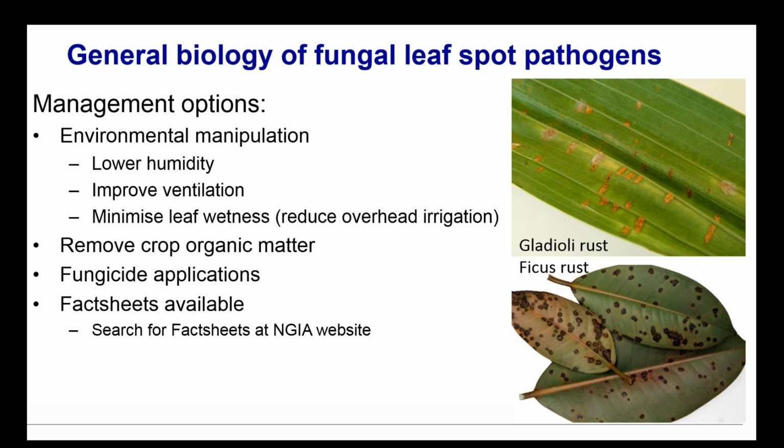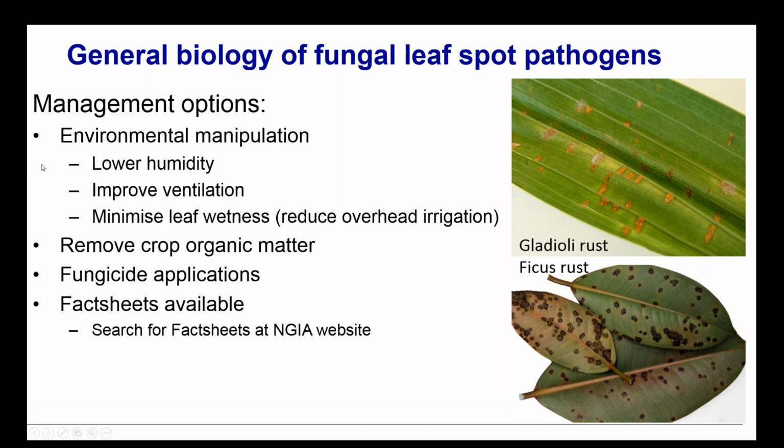In terms of management options, being preventative is the best option. Once you have a fungal leaf spot infecting a leaf, you will always have that damage, even if there aren't active or living spores. If you've killed that colony, that spot will be there, and it's unsightly.